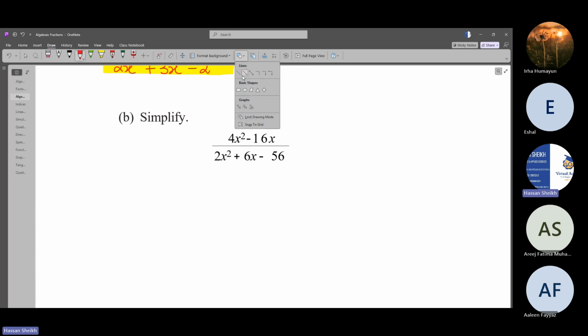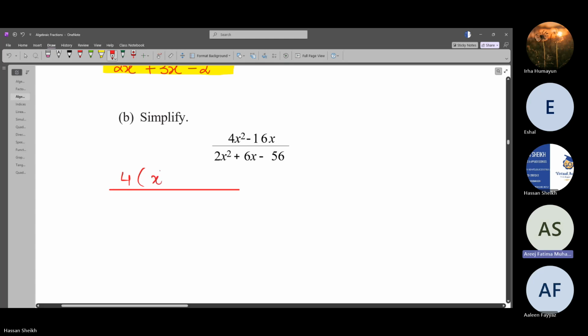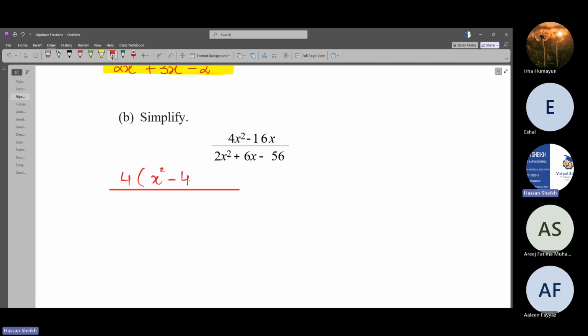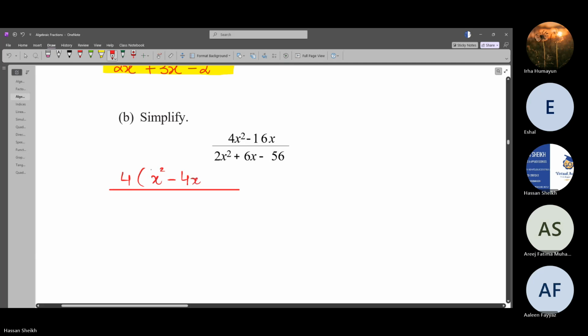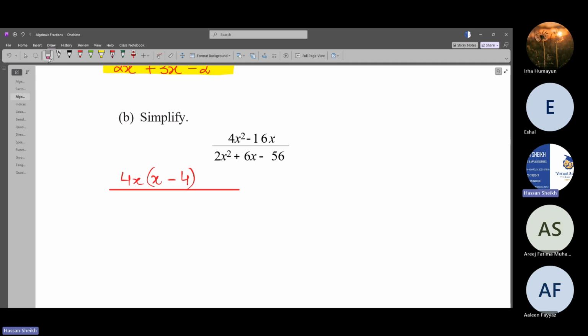Okay, now listen. How will we solve this one? So we have a quadratic expression in the numerator and a quadratic expression in the denominator. So from the numerator, I'm taking 4 common. Is it correct to take 4 common? Yes. And inside the bracket, it will be x squared minus 4x. Now if we take 4x common, then x minus 4. Yeah, we need to take the 4x common.